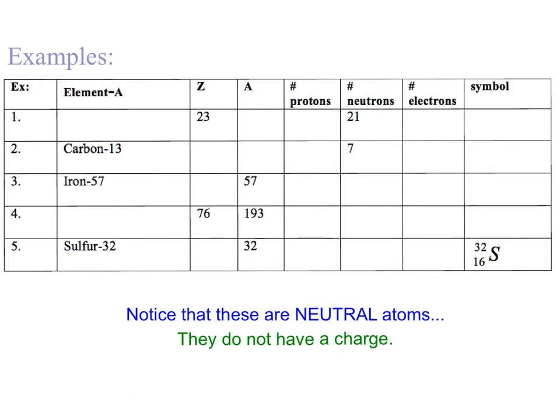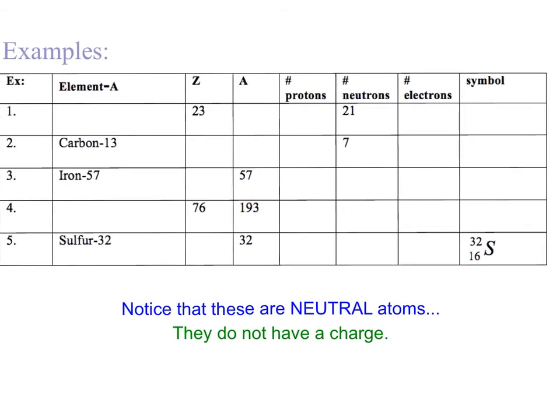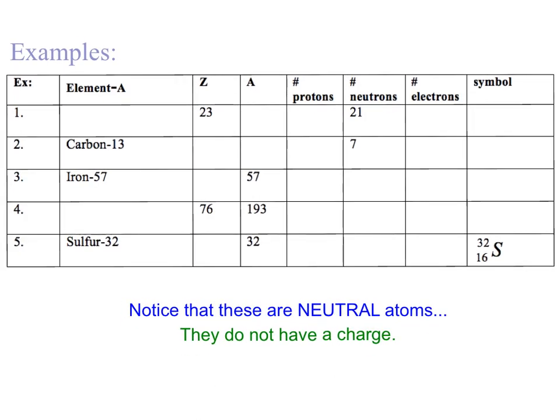So let's look at example 1. We don't know what that first element is. We have no idea. But we do know that we have a Z of 23, an atomic number of 23, and I know that I have 21 neutrons. Well, I know that my Z represents my number of protons.